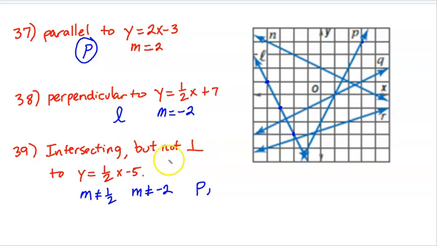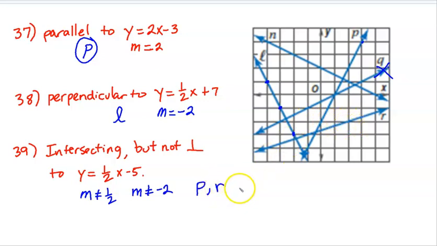So we include P, we have to exclude L, and it's going to be basically the other 3. Line Q has a slope of up 1, right 2. That's positive 1/2, so that's okay. Actually, line Q, let me do that again, up 1. Yeah, so line Q would not be one of the lines. Let's take a look at R. Up 1, right 3.